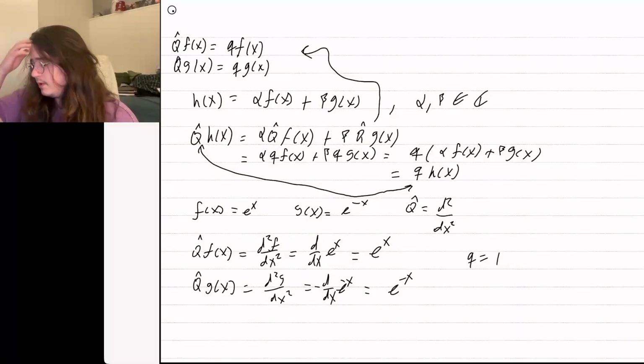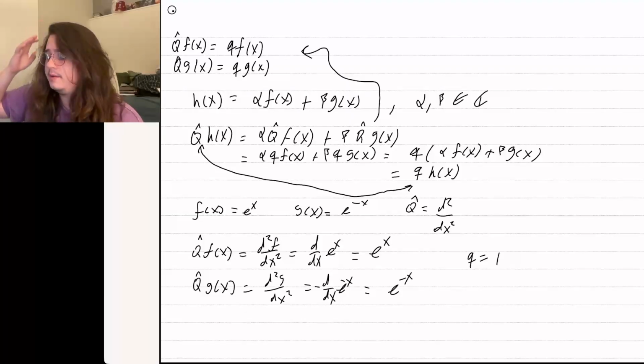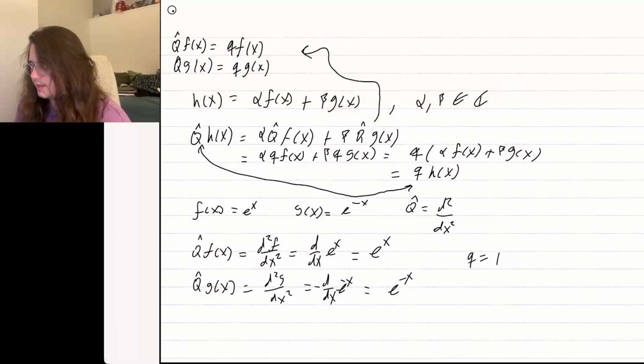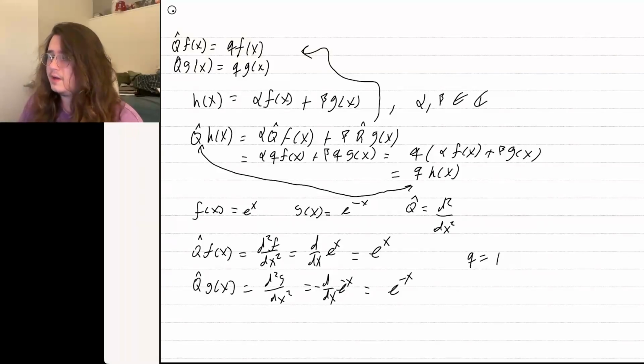The next bit of the problem is to find two linear combinations of f of x and g of x that both have the same eigenvalue, obviously, because any linear combination does. But I want to find two linear combinations that are orthogonal on the interval minus 1 to 1.